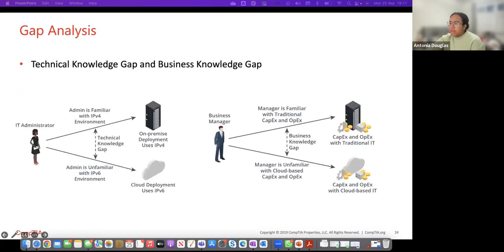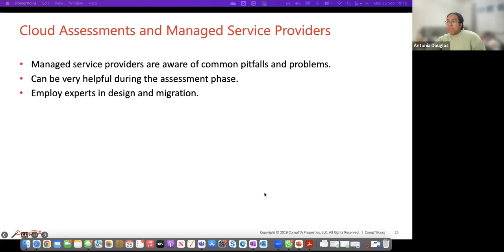To clarify this point, when you're moving to the cloud, there might be technical knowledge gaps in your current staff and business knowledge gaps. How you want to combat that ultimately would be through MSPs. Your managed service provider would be there on hand to do these points.